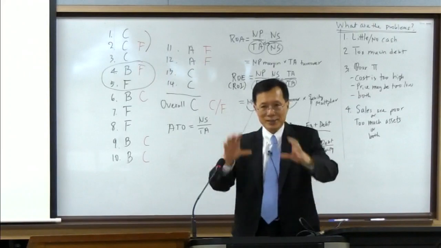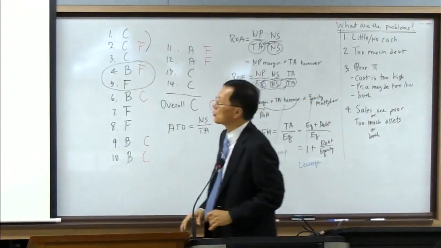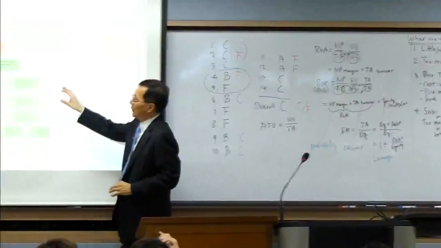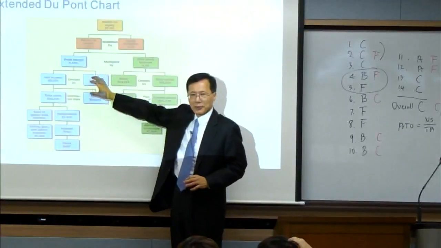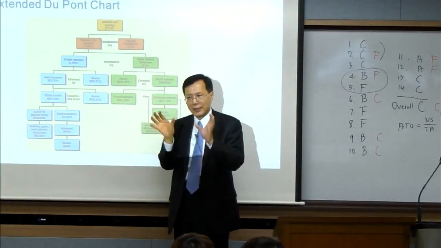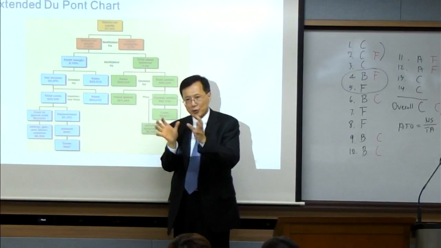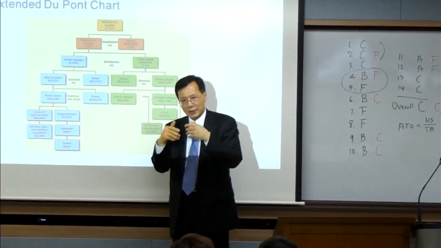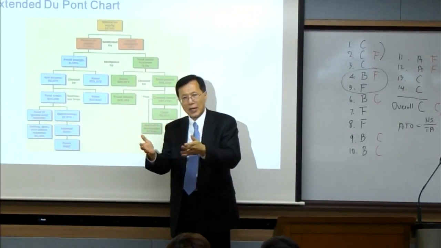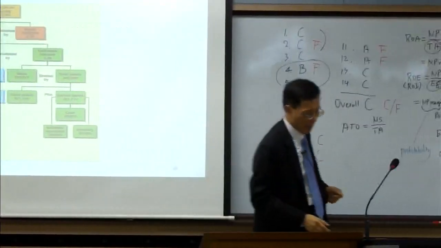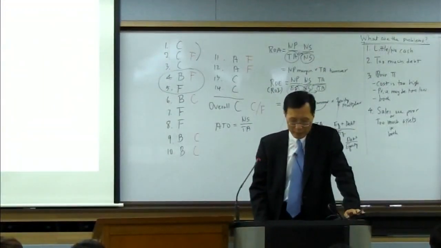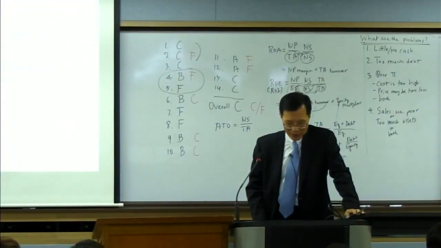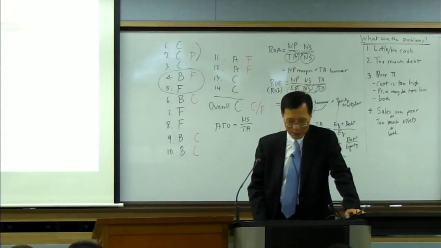And this is essentially one chart that shows how each component of the company's asset items or expense items contributes to the company's profitability, efficiency, and leverage. Why evaluate financial statements? Benchmarking, potential problems, comprehensive problems, it's up to you.